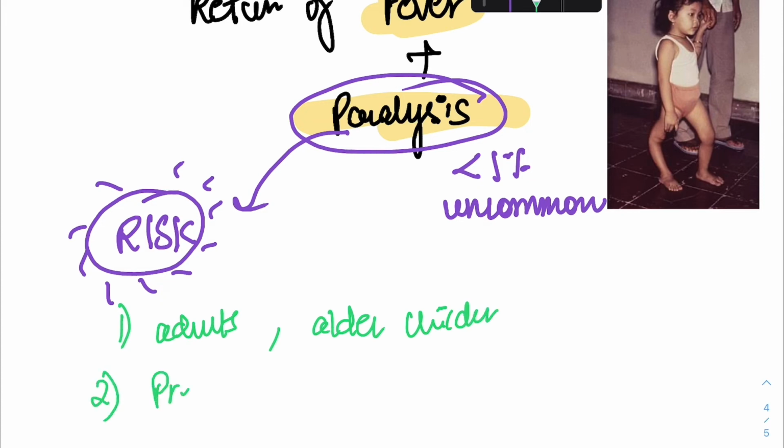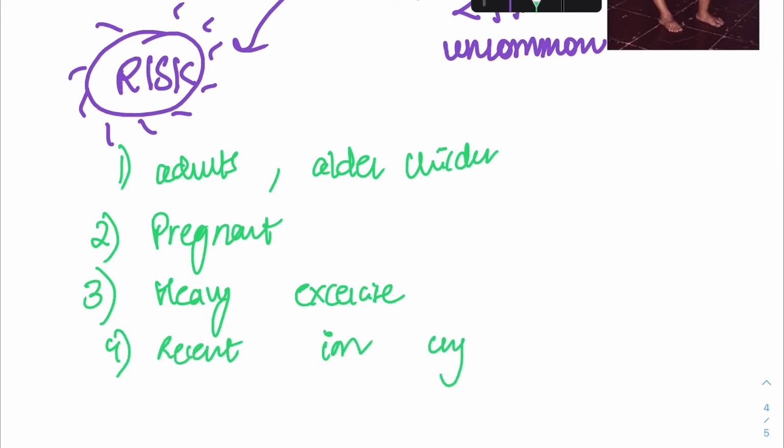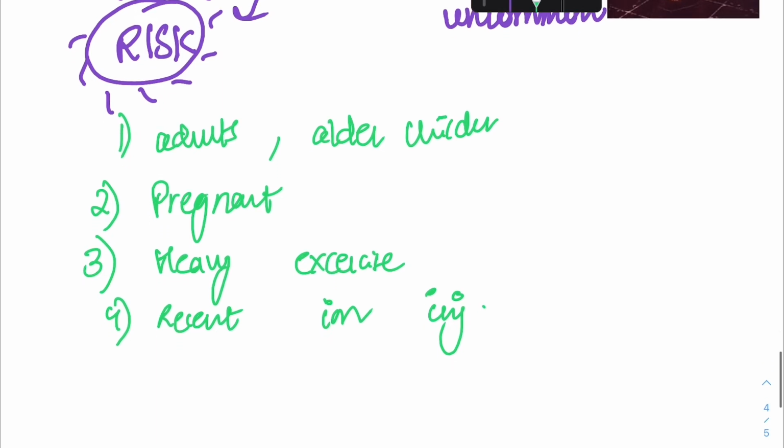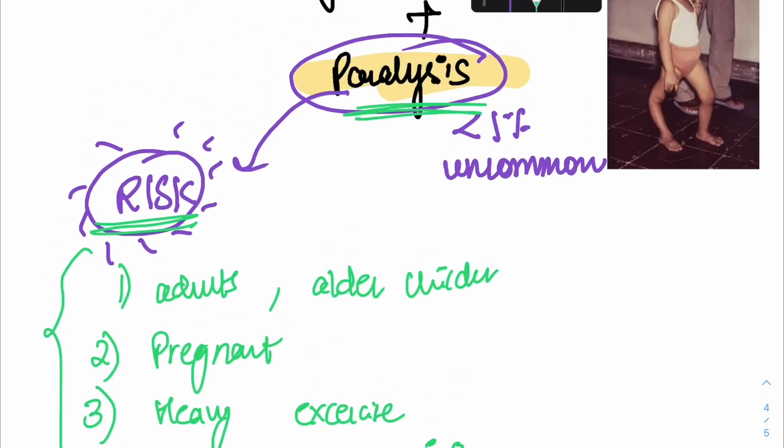Second, the pregnant woman. Third, those who have just done a very heavy exercise. And last, who have just recently gotten an intramuscular injection. So in these people, they have really high risk of getting this paralysis after being infected with the polio virus.